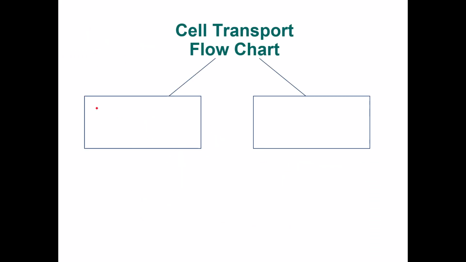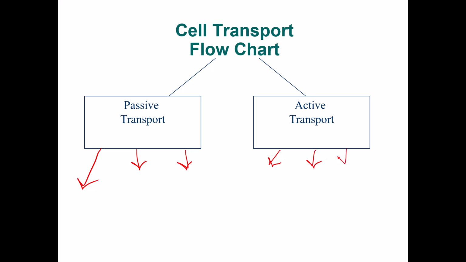All right, so we're going to do a flow chart with these terms. So we have cell transport in a flow chart. We have two types. Write them in or think about them. Good. Passive and active. Now, each of these has three parts to it. All right. So here we have diffusion. All right. This is just particles from an area of high to low concentration. These are all from high to low.